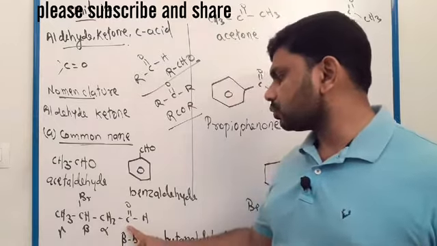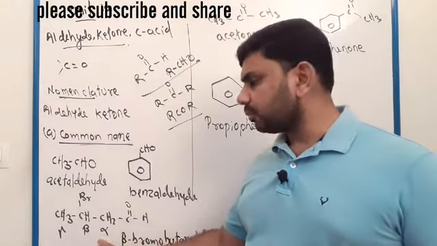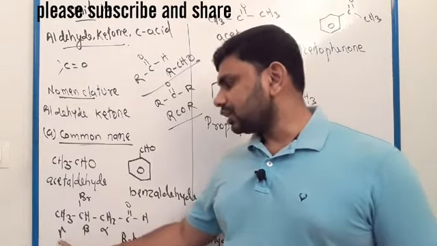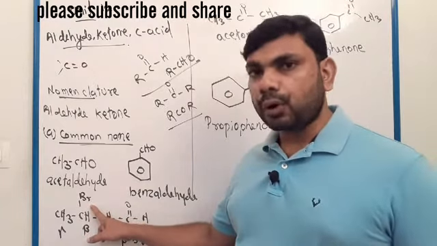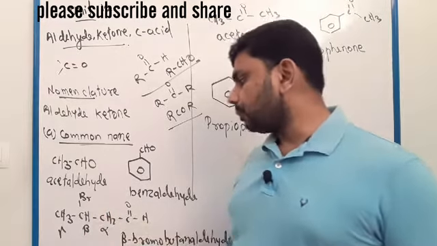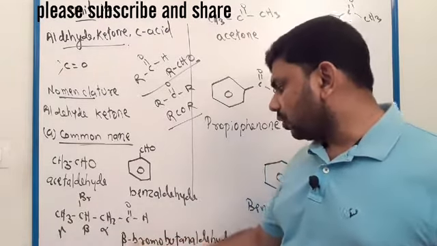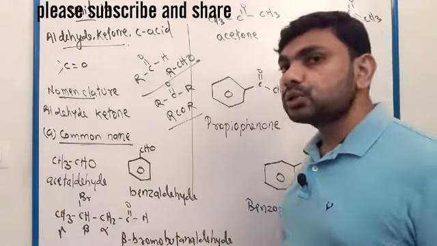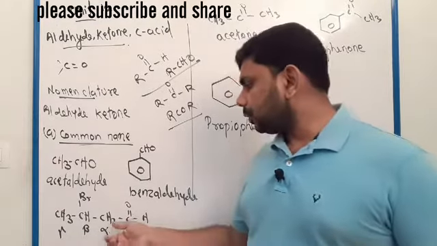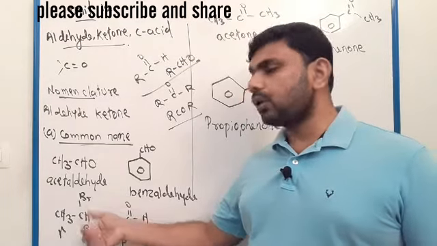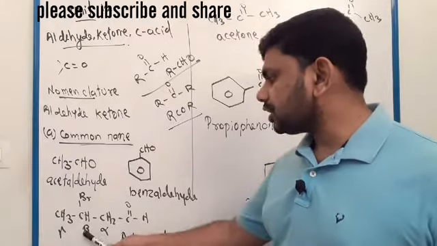To name this, we have to give alpha, beta, gamma. This is the functional group C double bond O hydrogen, and the next carbon is the alpha carbon, then the beta carbon and the gamma carbon. On the beta carbon there is the functional group bromo, bromine. This has 4 carbons, so it is butanaldehyde, and with bromine on the beta carbon, it is beta bromo butanaldehyde.